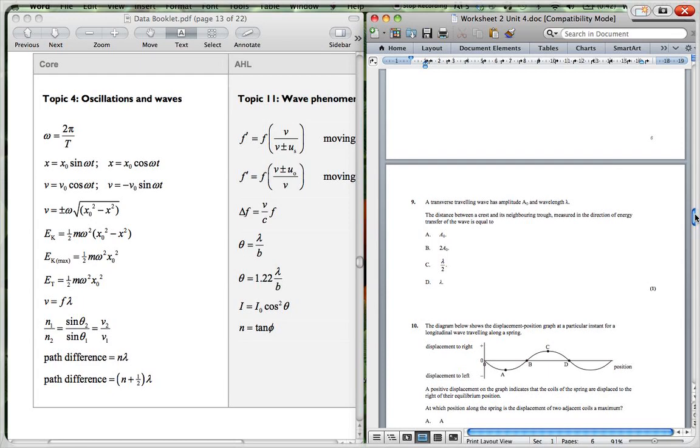So we've got a transverse wave, so it's a wave like this where the particles are moving to and fro, up and down there, but the energy is moving in this direction. So the distance between a crest and a neighboring trough in that direction, this distance over here, would obviously be half a wavelength, or the wavelength over 2. So the answer for that one would be C.